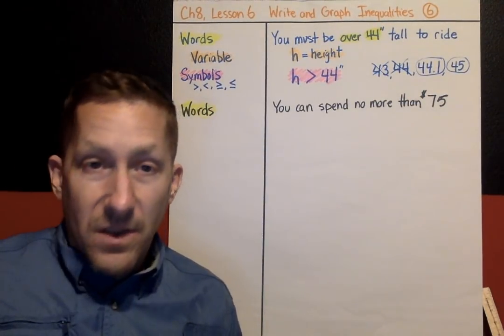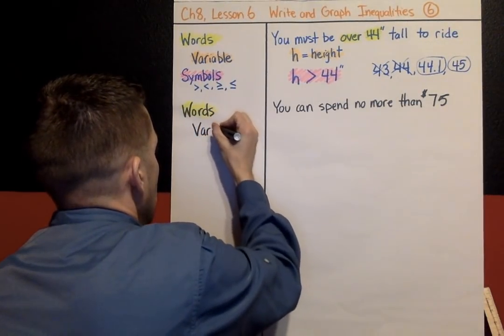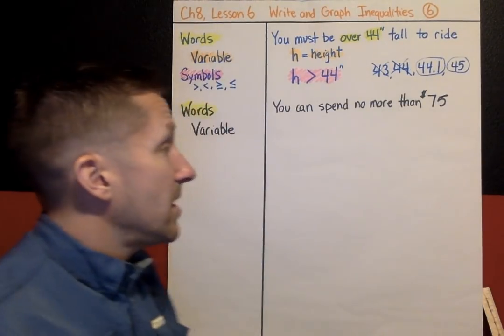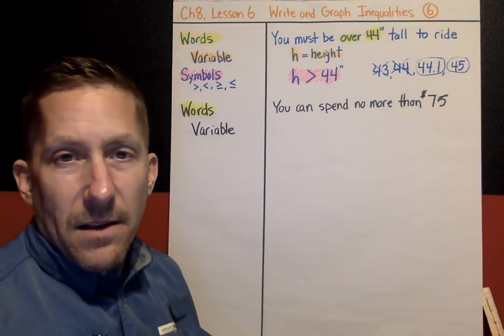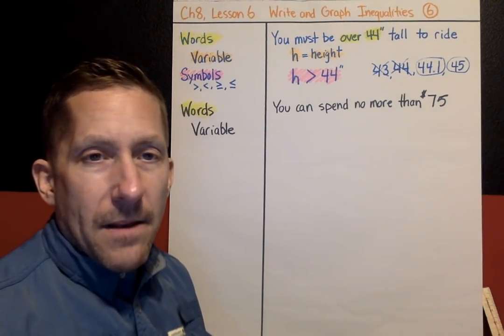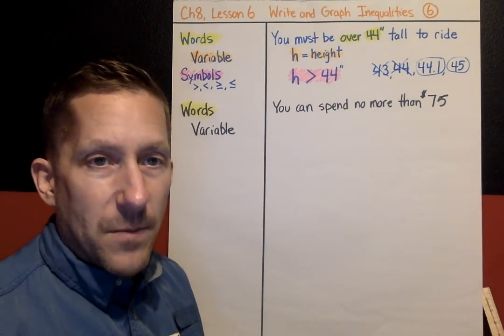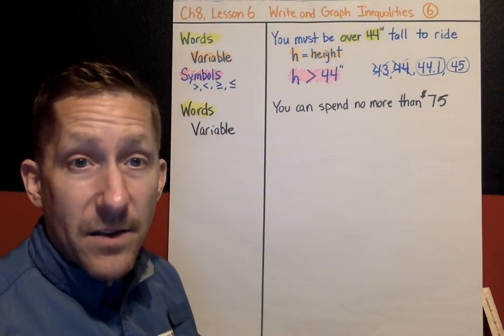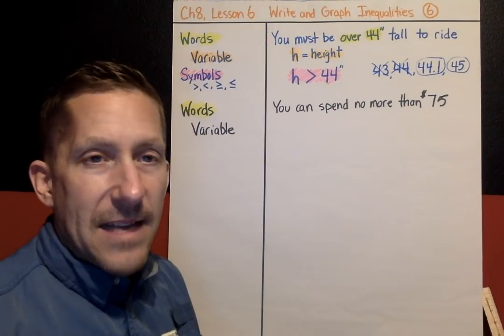Next thing we're going to do is come up with a variable. When you read this inequality, you can spend no more than $75, think about what's changing or what are you measuring, and it's the amount of money you can spend. So you get to assign a variable. The problem might tell you use M for the amount of money you can spend. But if it didn't say that, you get to pick.